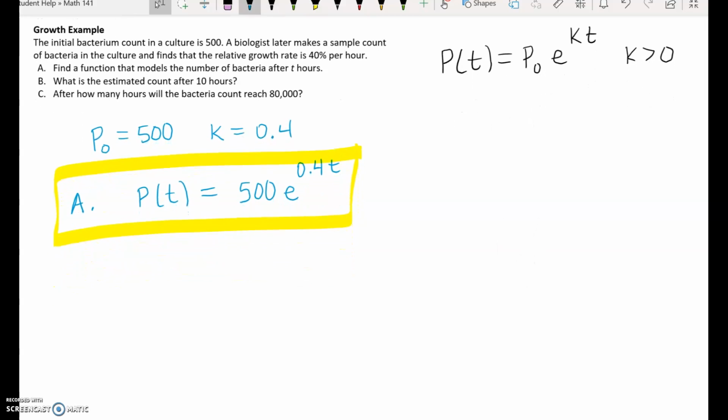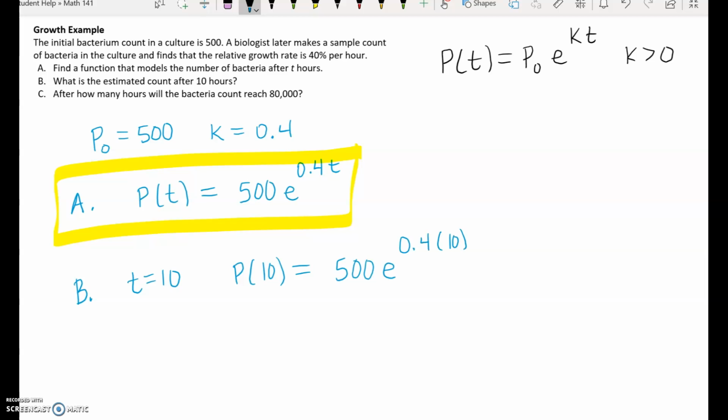For part B, we're wanting to know how many bacterium there are after 10 hours. So we're just plugging in t equal to 10. So P of 10 is 500 e to the 0.4 times 10.